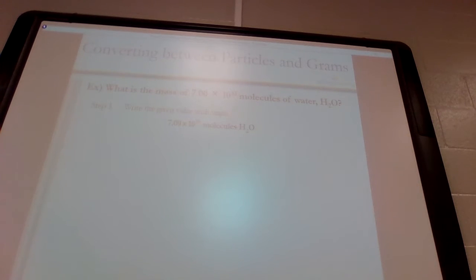Avogadro's number, so it goes on the bottom, 6.02 times 10 to the 23rd power, molecules of H2O. Now the molecules of H2O on the bottom is going to cancel out with the molecules of H2O on top. I don't write molecules there, but that was the unit for how many particles are in 1 mole. So when that unit cancels out, top and bottom, what's the only unit I have left?